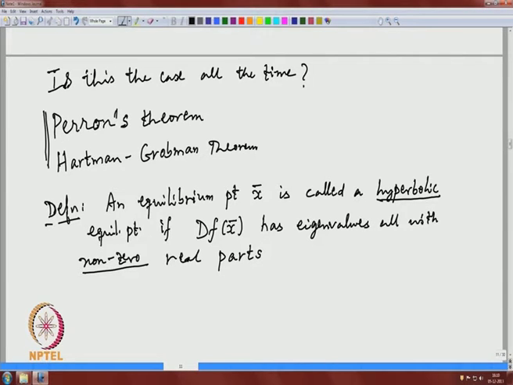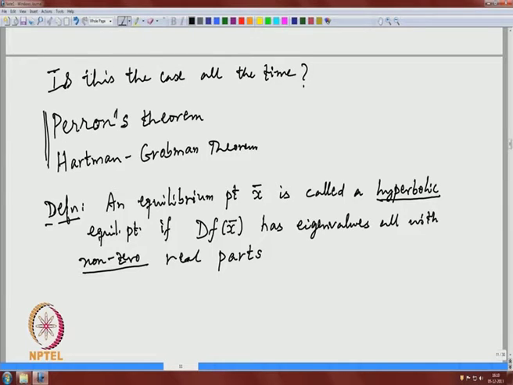Okay. And in this case, if x bar is a hyperbolic equilibrium point, then whatever happens to the linear system, the same thing happens to the non-linear system, and that is the content of Perron's theorem and the Hartman-Grobman theorem.